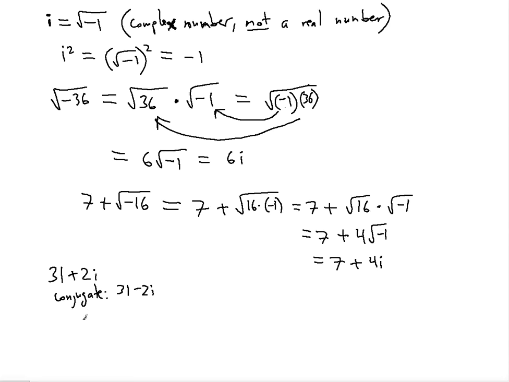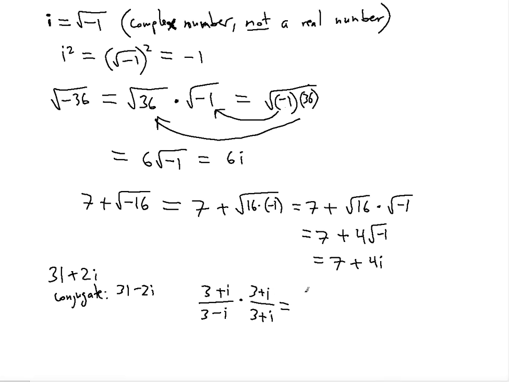Now if we have something like 3 plus i divided by 3 minus i, how are you going to make sure that the denominator does not contain the i's? Well, you're going to use the conjugates, right? Because you want real numbers only in the denominator, no i's in there. So to make sure that happens, you have to multiply both the numerator and the denominator by the conjugate of the denominator. And the conjugate will be 3 plus i, right?